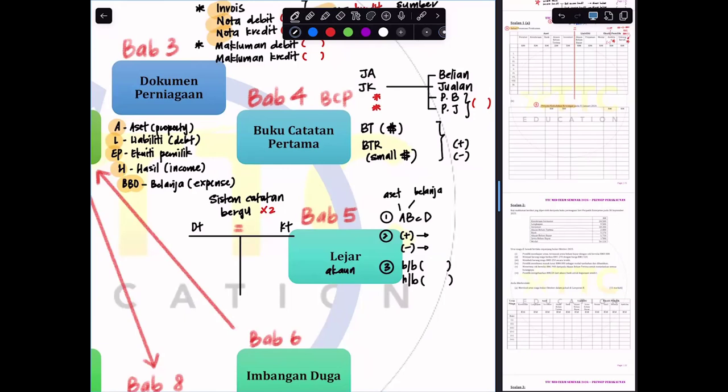Because there's no function for it. The function of it is just to link the sentence only. D stands for debit. That means only asset and belanja in debit. So you settle 2 out of the 5 already. So the rest will all be in credit side: hasil, liability, EP. So very easy for you to understand, very easy to remember when to debit, when to credit, right? Okay, so this is what to debit, what to credit.